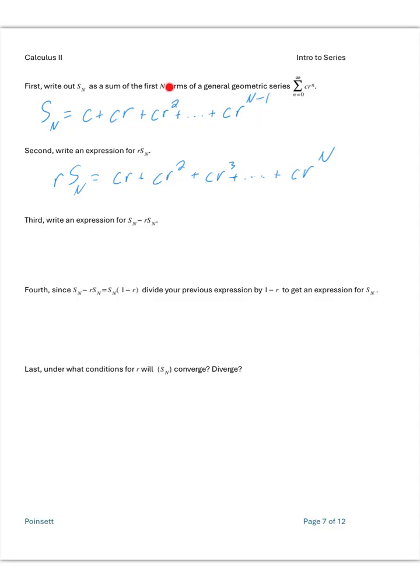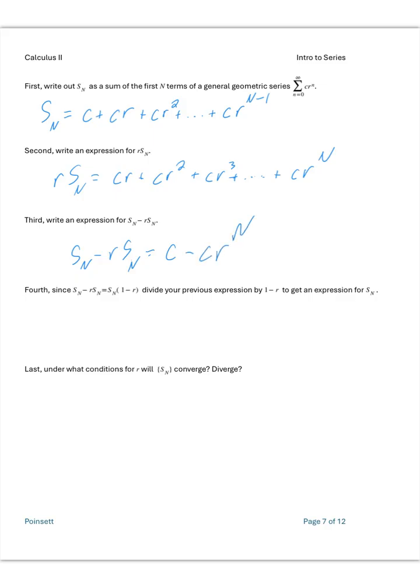So we are taking this sum and subtracting this sum from it. But notice here, a whole lot of terms will cancel out. When we subtract these two, CR minus CR would be 0, CR squared minus CR squared would be 0, etc., etc. So the only thing that we have left in this difference is that first C up at the top here, and the only thing left from the bottom would be minus CR to the n.